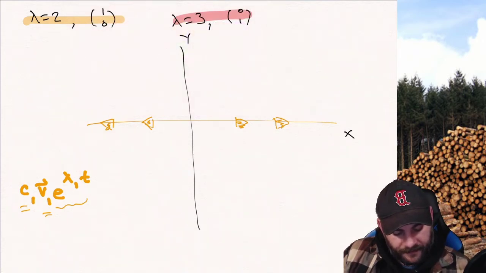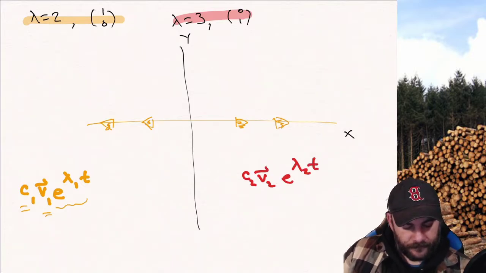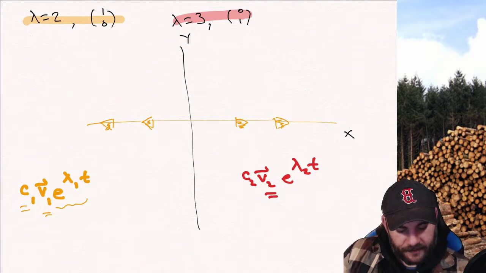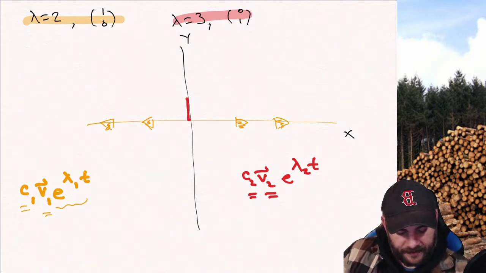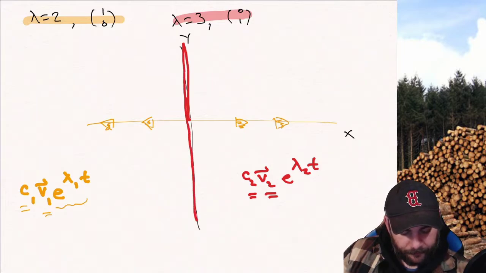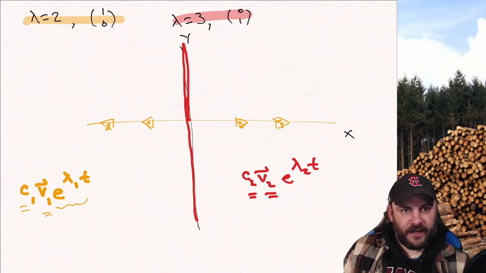Now, again, we've got a C2, V2, e to the lambda 2 t. Okay. The V2 is the vector 0, 1, which is just this guy right here. The C2 means I can scale it. So I can go all the way up here, or I can go negative and go down here. Great. So that is the straight line on which I can travel.